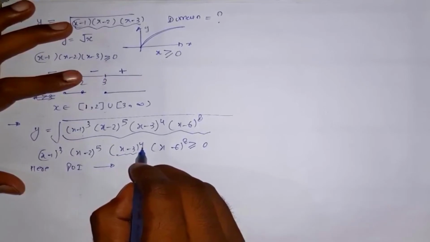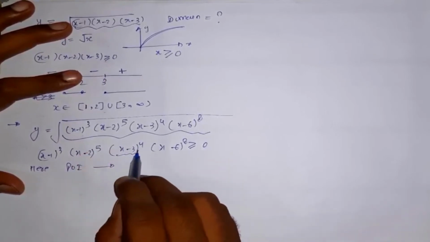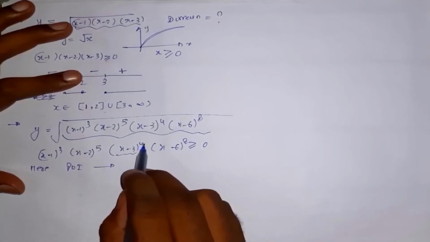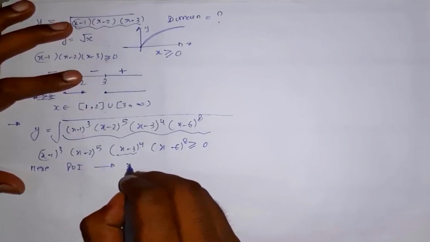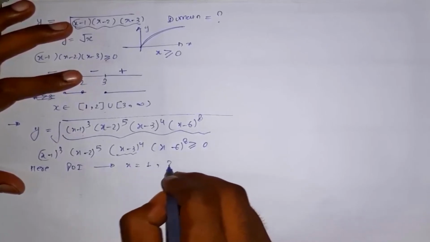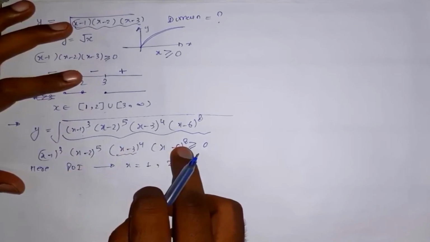So we can leave out the square-type factors. Only the points of inversion will be x equals 1 and 2, and 3 and 6 will only be roots of this function.